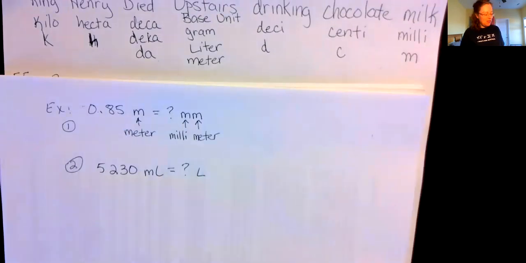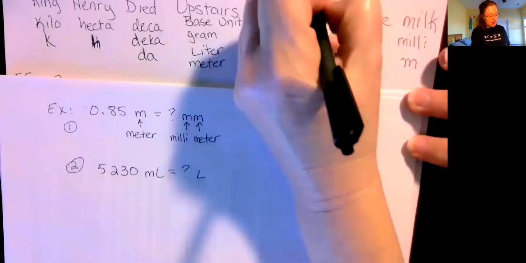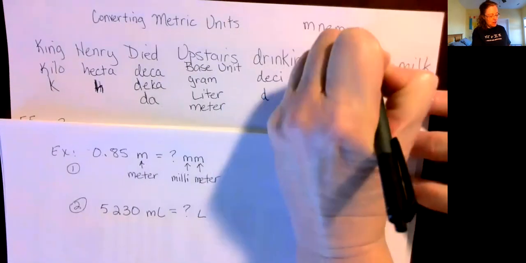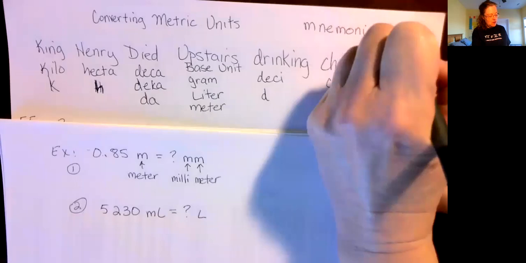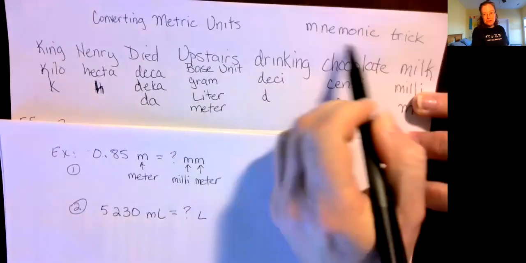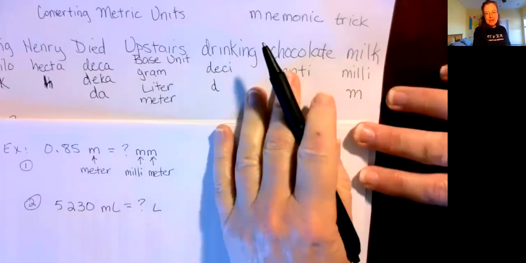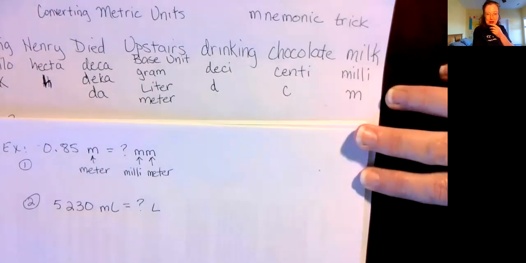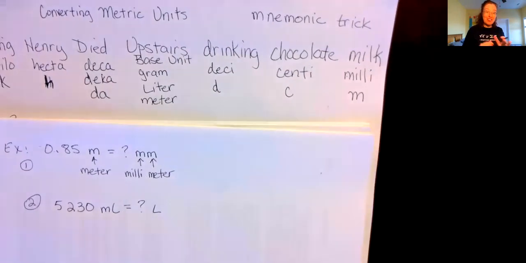The neat thing about these mnemonic tricks, spelled M-N-E-M-O-N-I-C, related to memory, is that it helps if you come up with things that are silly or maybe a little scandalous, and that way it'll stick in your memory better.